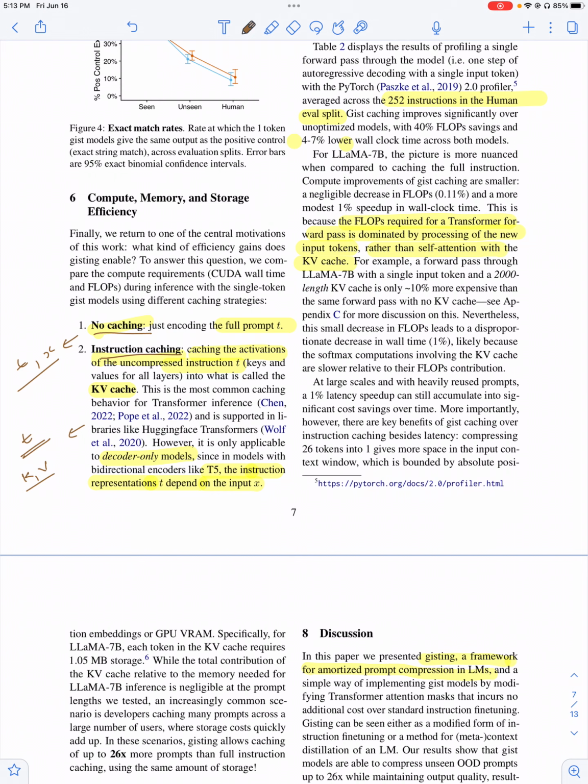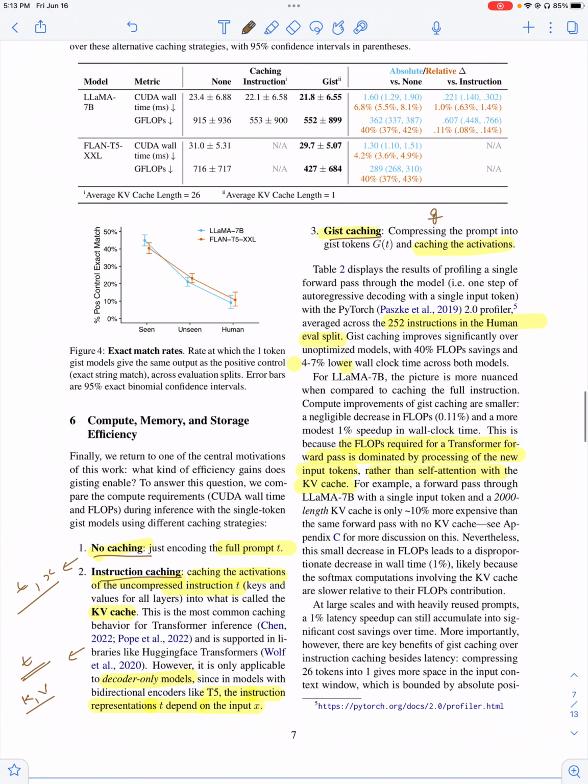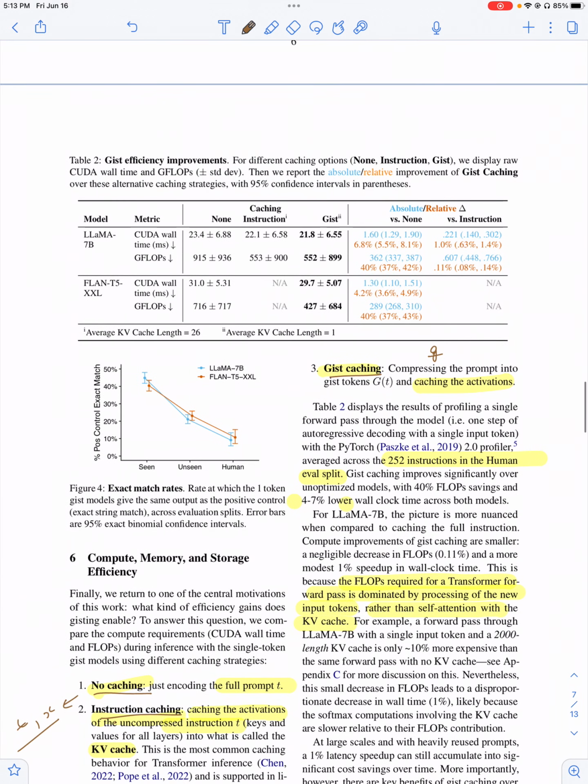You don't have to compute it every single time during inference. And then they also have gist caching, which is instead of computing the keys and values for the prompt, they are now doing it for the gist tokens. They just cache the activations for those. And then they measure the wall time, which is the time taken to execute something from beginning to end, and also the number of floating point operations which are done.